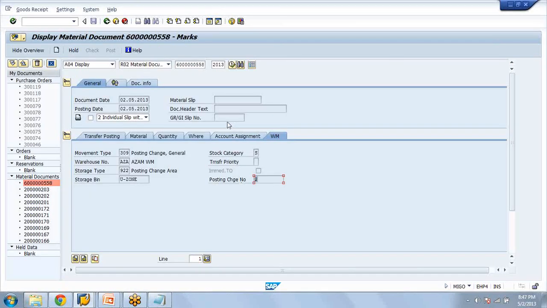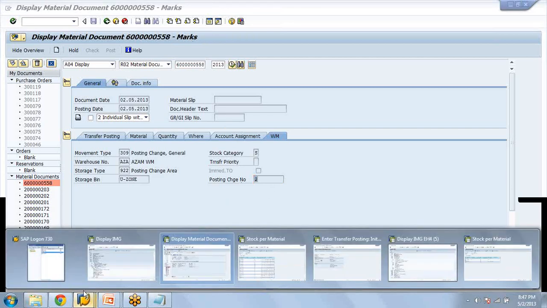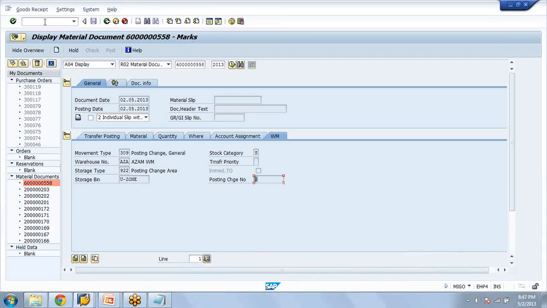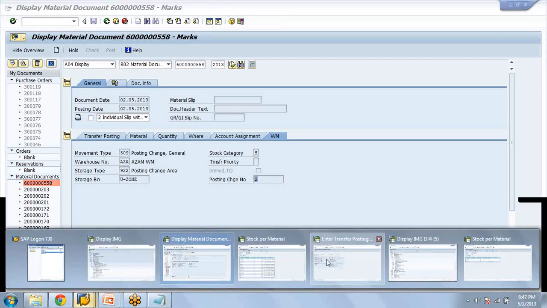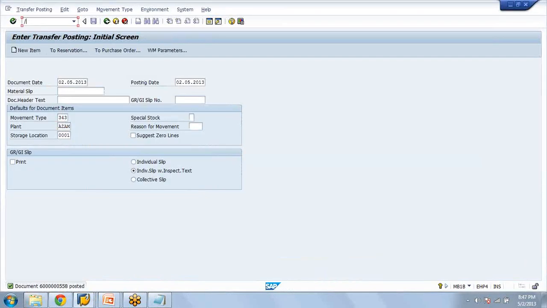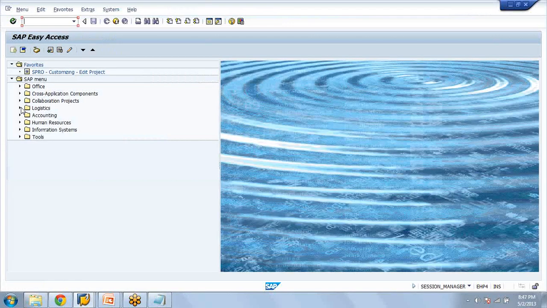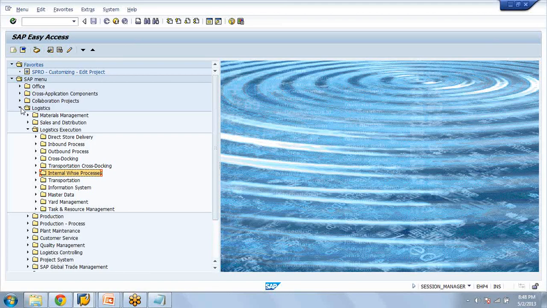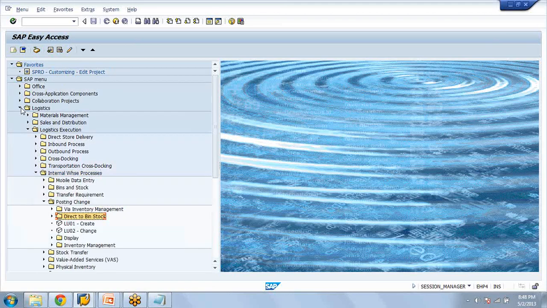It has not created a TR but a posting change. So now I create a transfer order with respect to the posting change, with the T code for posting change, transfer, create.